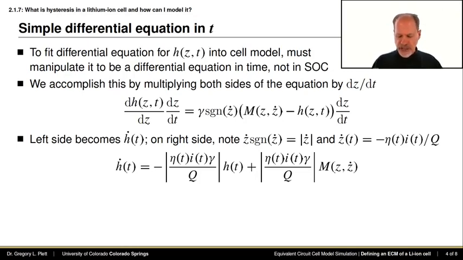And then the final term is gamma times sine z dot times m, again times dz by dt, and the z dot sine z dot gives you the absolute value of z dot, so I've got eta I times gamma all over q, absolute value, all times m. And I could bring the gamma inside of the absolute value because we said on the earlier slide that gamma was always positive. And so we now have an equation for a continuous time model of hysteresis.